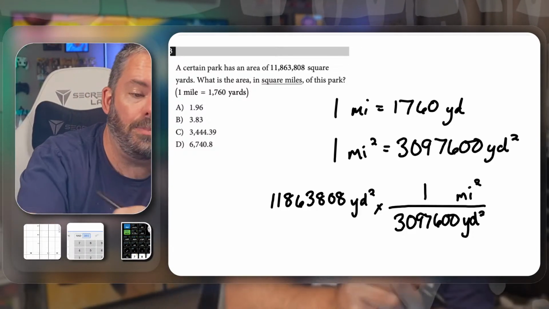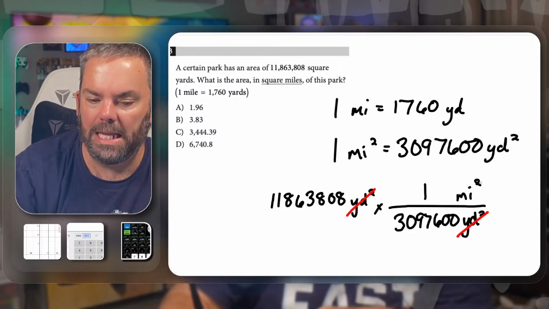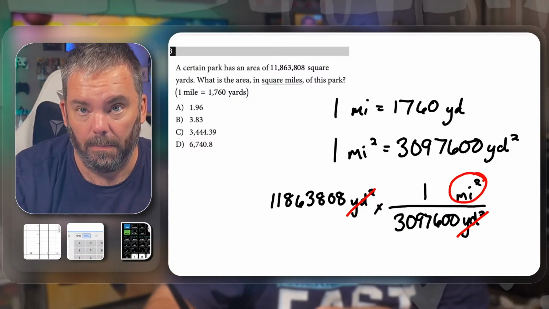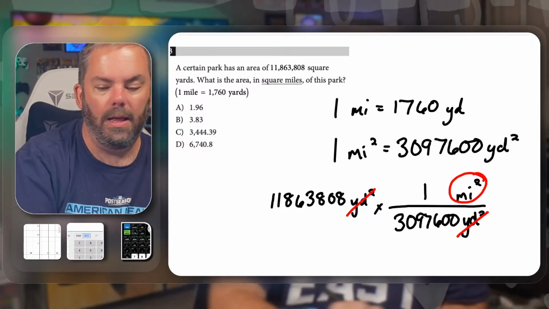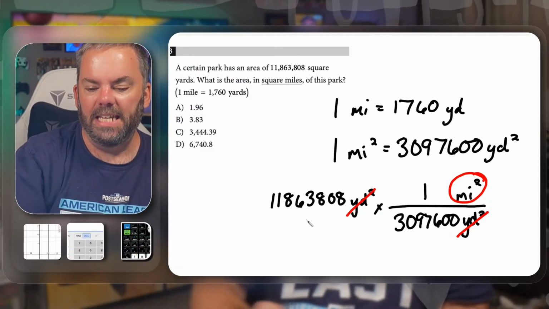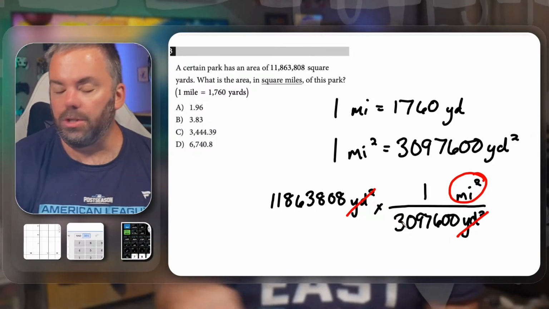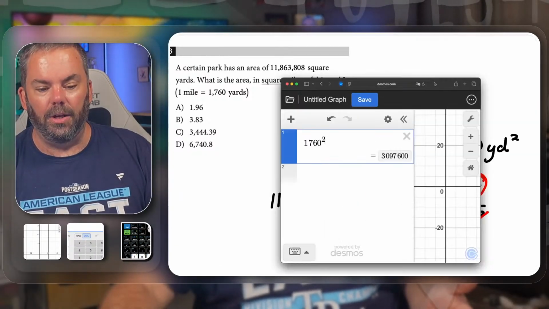And just like before, we leave it for the units to cancel. So we're going to be left with square miles, which is what they asked us for. And the calculation we have to do is this number divided by this number since it's in the denominator. So once you set up the units, the units tell you what calculations to do.